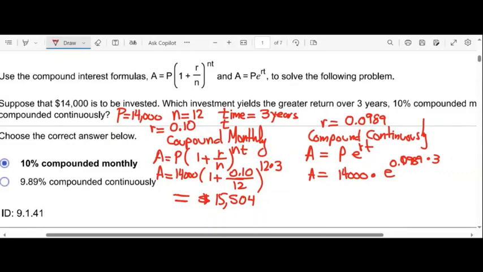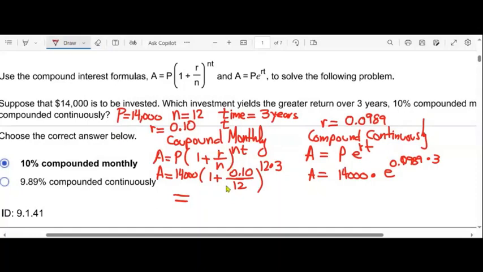I put 14,000 times, between brackets, 1 plus 0.10 over 12, close the bracket to the power of 12 times 3. Yes, the same answer, 15,504.53566. Same answer you gave me.